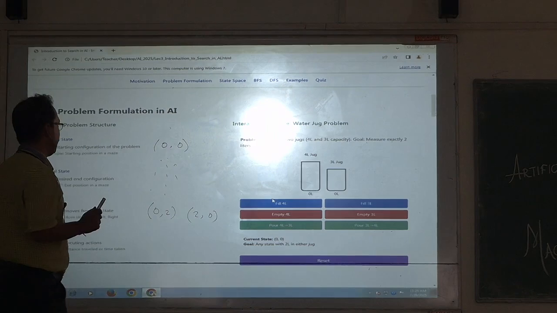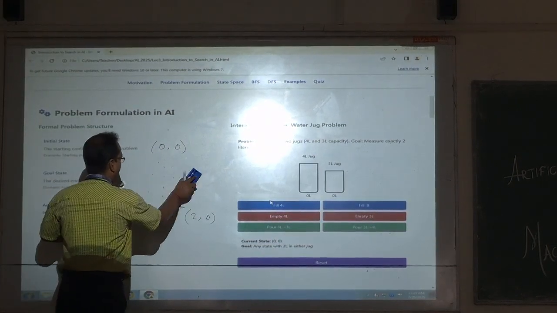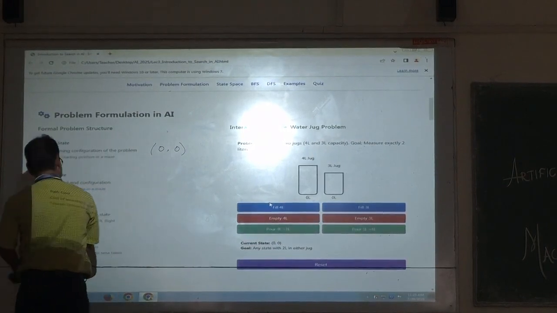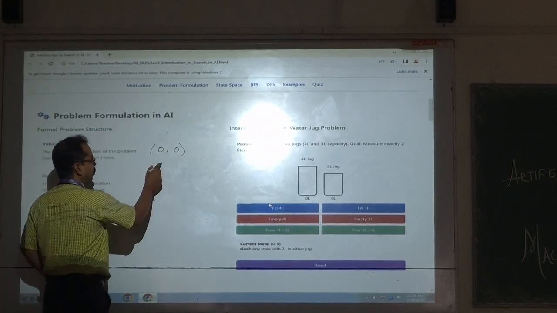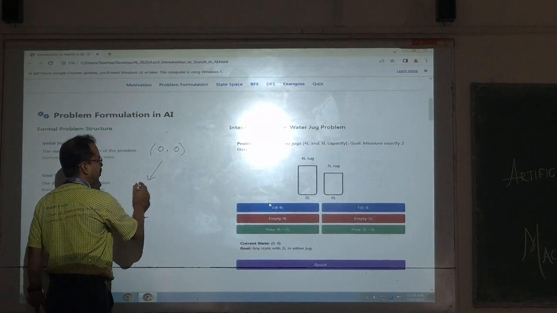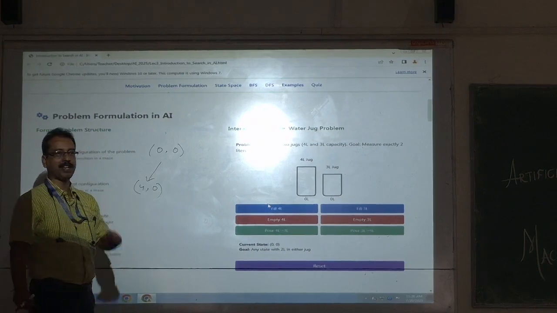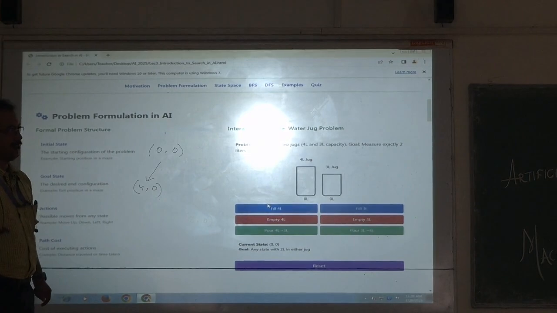Whenever I represent, I will ask you to make this graph. Initially one valid move I am saying is 4 0. What does this mean? Which action have I taken? Fill 4 liter. Am I clear?